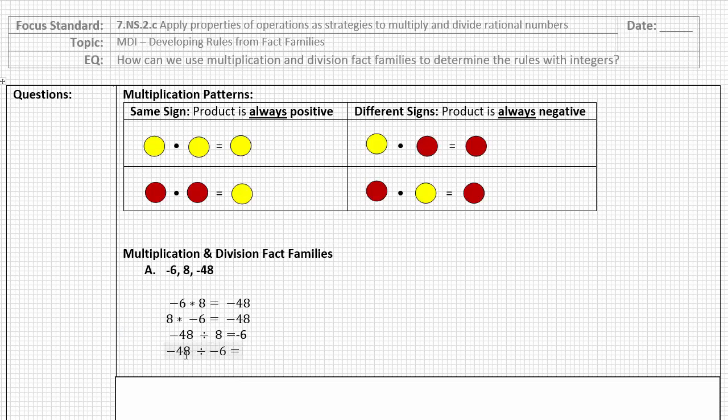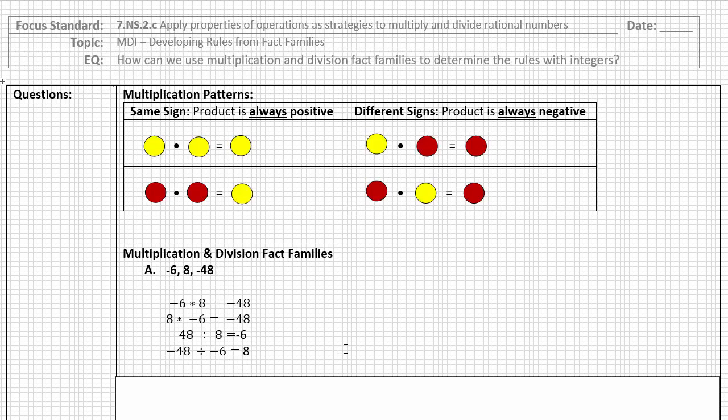If we have -48 divided by -6, what does that equal? Well, it's really this problem right here in reverse. -48 divided by -6 would have to equal 8 if the rules about inverse operations hold true. So here we've created the four facts of the multiplication and division fact family for -6, 8, and -48.